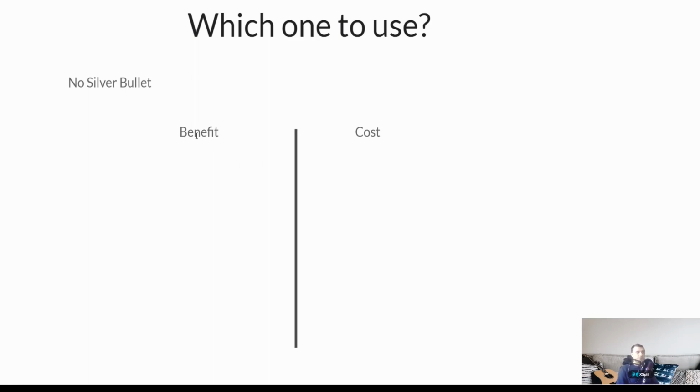If the benefit of using, let's say, microservices or monolith is greater than the cost, in that case, I guess it makes sense to use that particular architectural style. So write down the benefits and costs. So do cost benefit analysis, and if benefit is greater than the cost, it probably makes sense to use it.